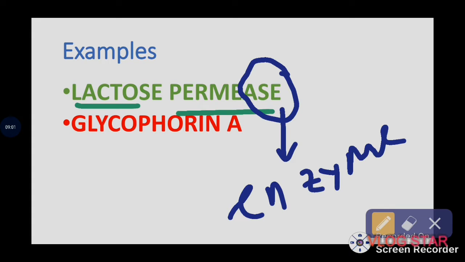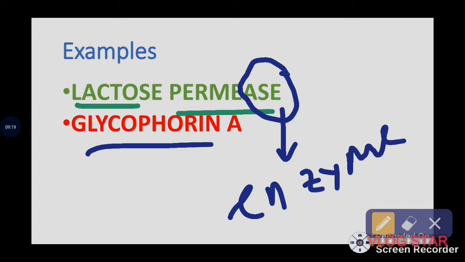That's why we call it flippase and floppase. And there are other enzymes like scramblase. We will be talking about them later because it is not included in the NEET syllabus.